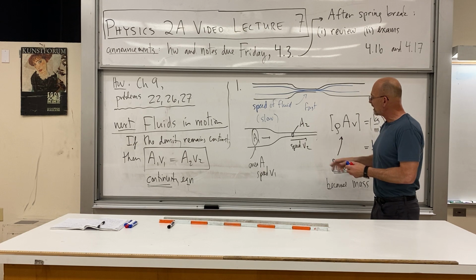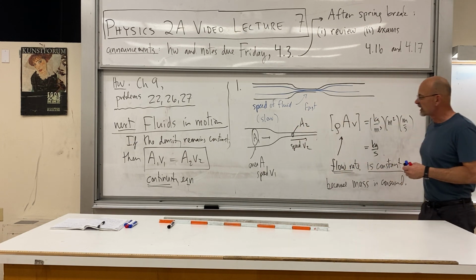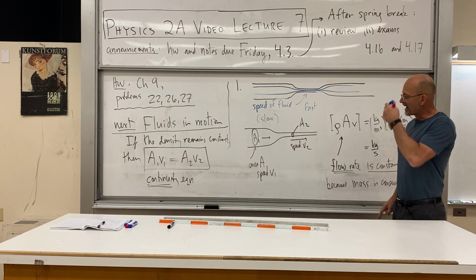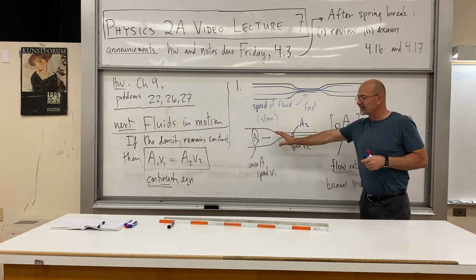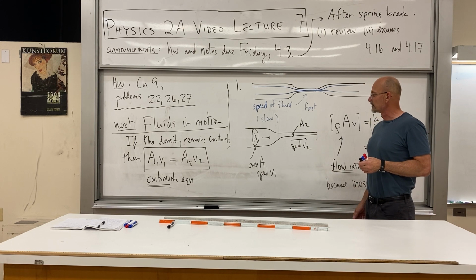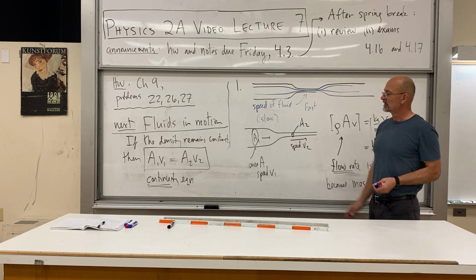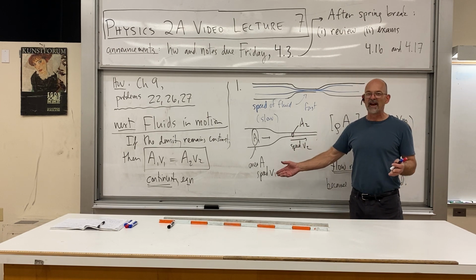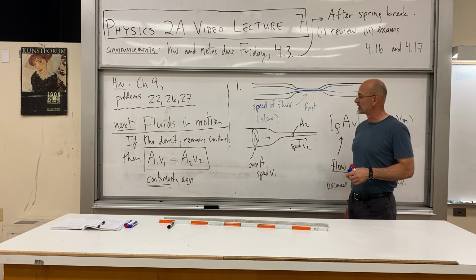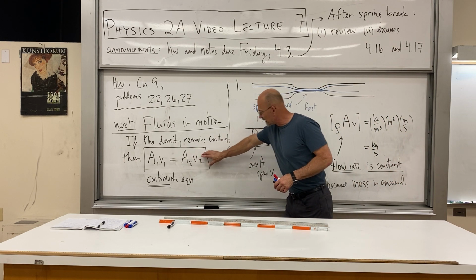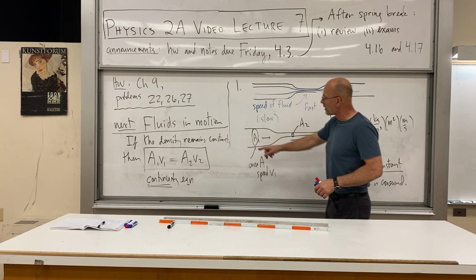Now this density constant is itself interesting because a fluid can be water, but it can also be air. And if you have an airflow that's fast enough, the density is no longer constant. On the other hand, if the airflow is not too large, in fact the case where it's really large is the speed of sound, and that's a long ways away, air will satisfy this equation, no problem.